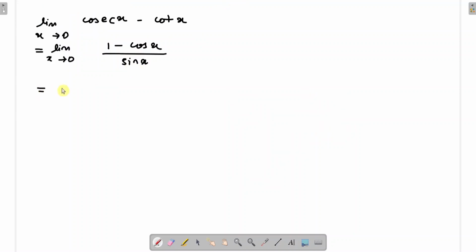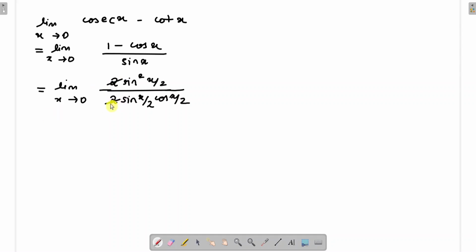So this is equal to the limit as x tends to 0, where 1 minus cos x is 2 sin square x by 2, and sin x is 2 sin x by 2 cos x by 2. The half angle formula should be thorough, so that you can use it quickly.